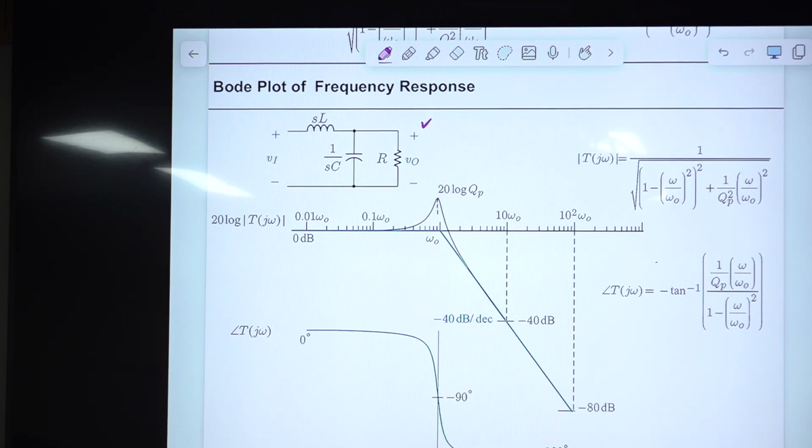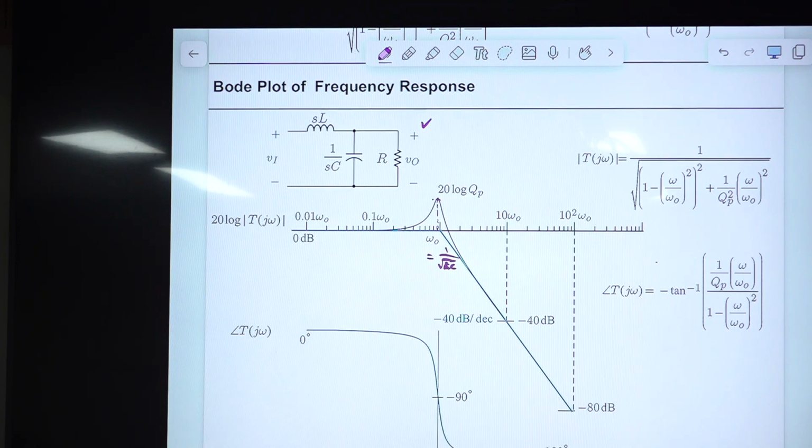But this peak value is 20 log QP, and QP is the damping ratio. I'm sorry, quality factor. Damping ratio is a term of control engineering. In power electronics, we use the quality factor. And this frequency is omega naught, which is given by 1 over the square root of LC.